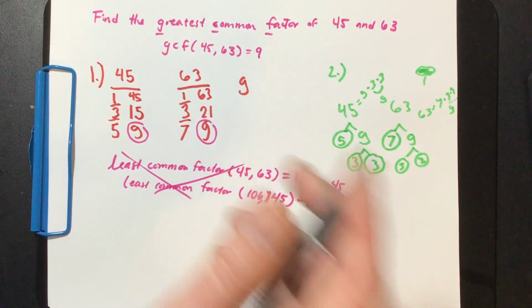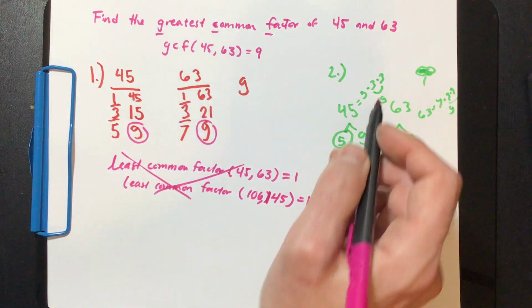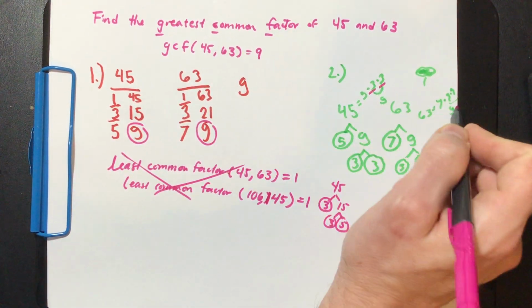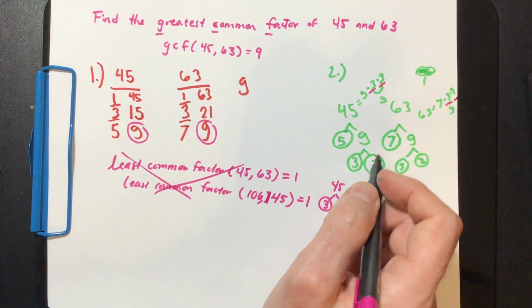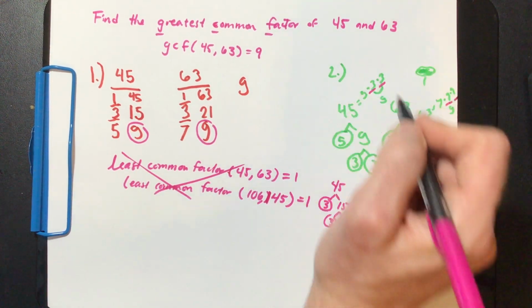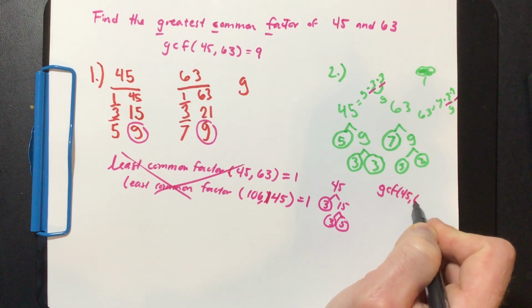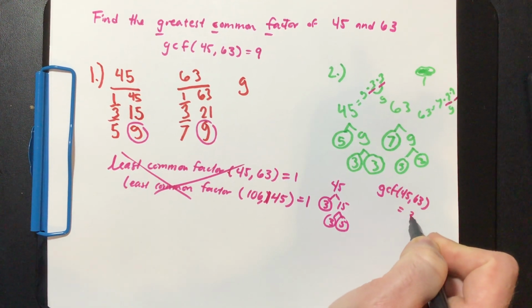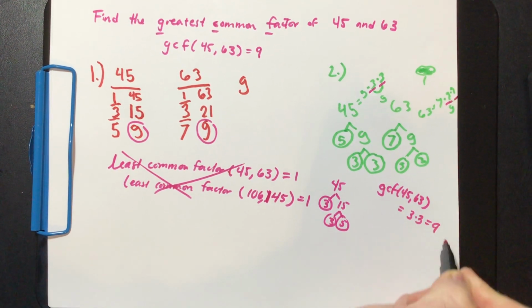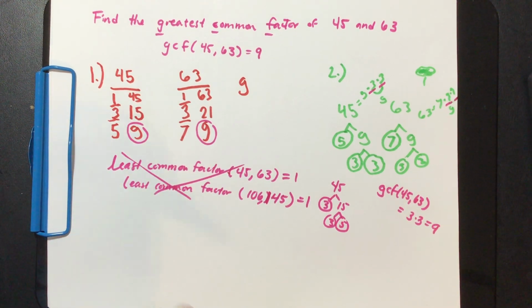That's how I write my 9s. I know, but not everybody knows that. So if we look at what they have in common, they have 2 3s in common. And so we can take those 2 3s and say the greatest common factor of 45 and 63 is 3 times 3, or 9, because those are the prime factors they had in common.